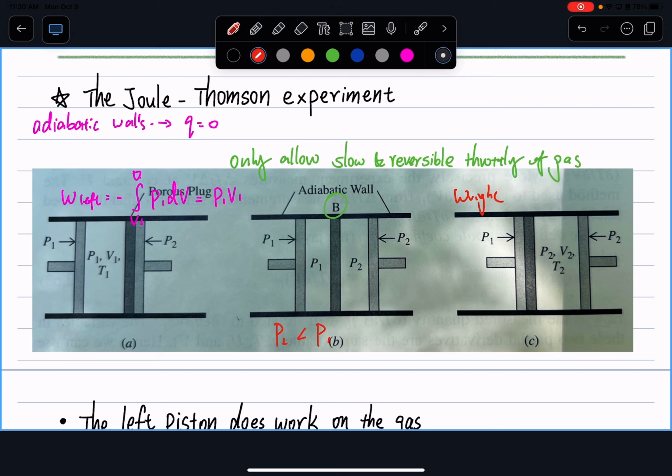So we start from 0, we end up at V2, and we have negative P dV, where P equals P2. And we have a negative P2 V2 here.